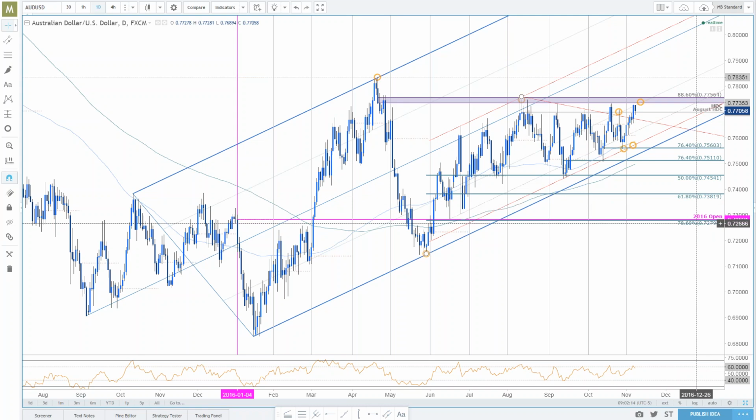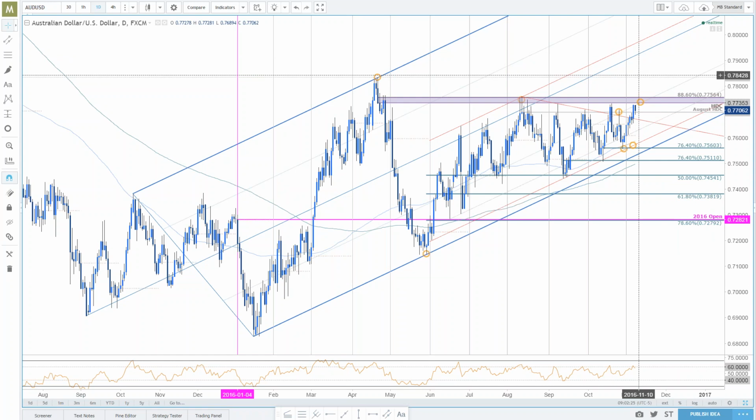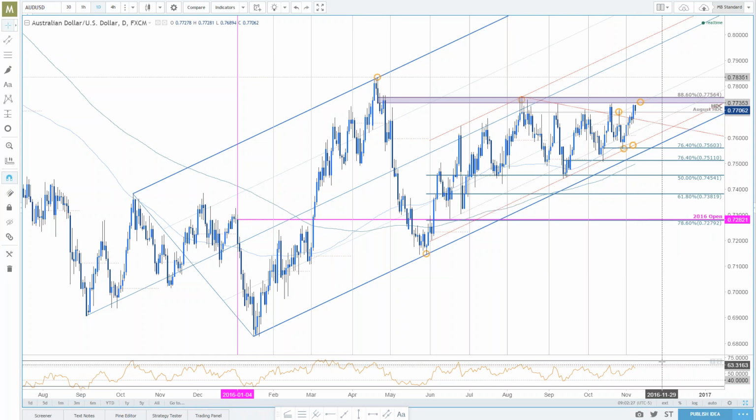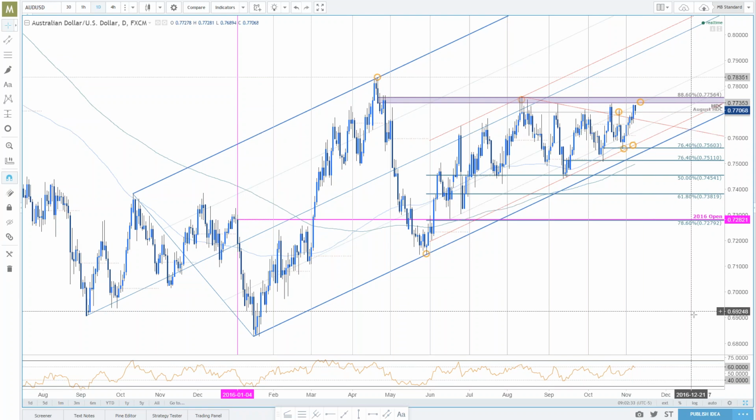So look, resistance is made to be broken. I do inevitably like the topside break. You'd be looking at 78.35, the yearly high, as well as the upper parallels, which could take you as high as 79. But until we do, momentum is still capped. Price action's capped by resistance, and I'm very cautious. So you know the threshold of what you need to get through, and that's 77.56, bottom line.